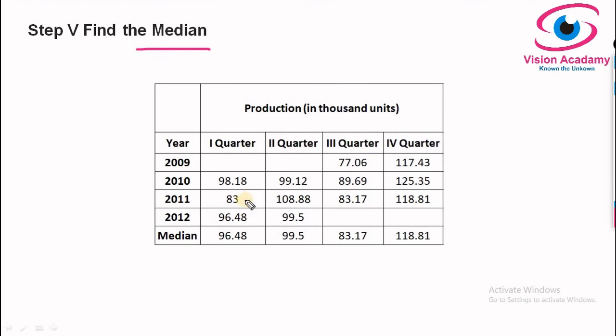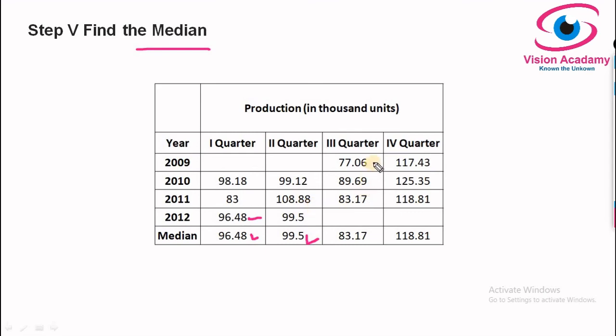For example, here I have taken 96.48 as the median for the first quarter, because 83 is the lowest point and 98.18 is the highest point. Between those, 96.48 is the median, the midpoint. For the second quarter I have taken 99.5, because it lies between 99.12, which is the lowest, and 105.88, which is the highest.